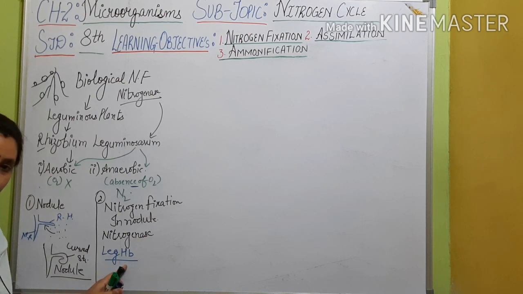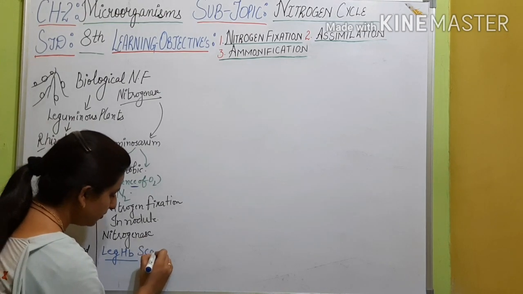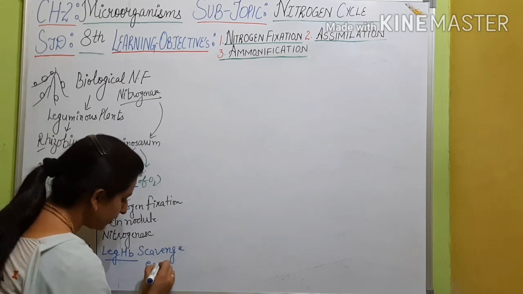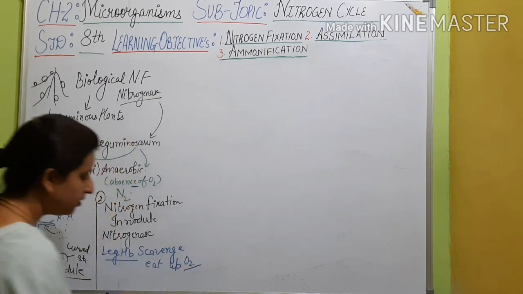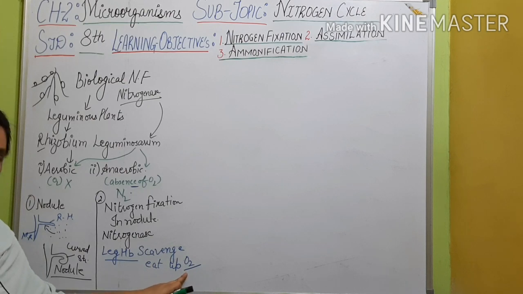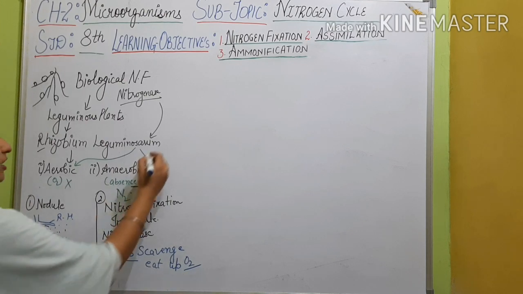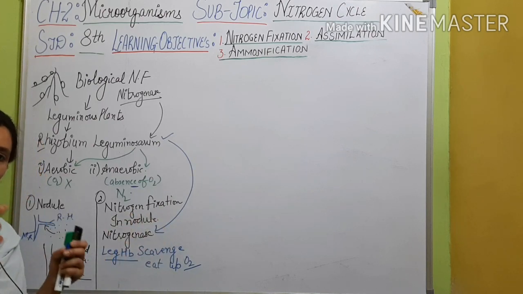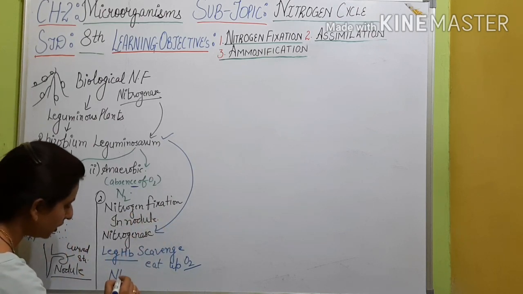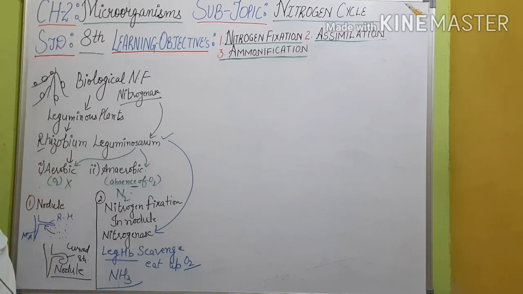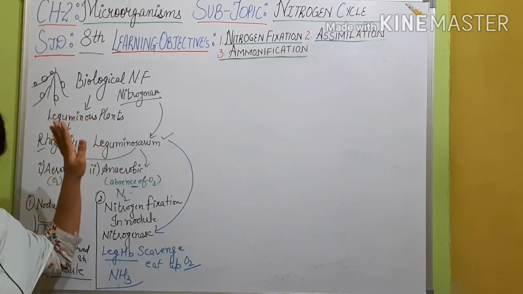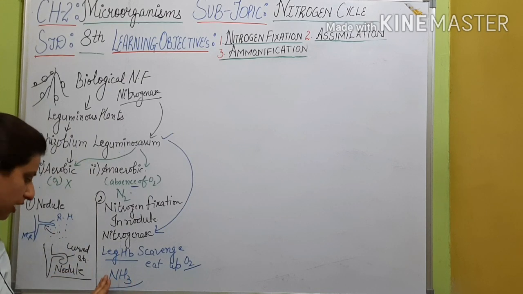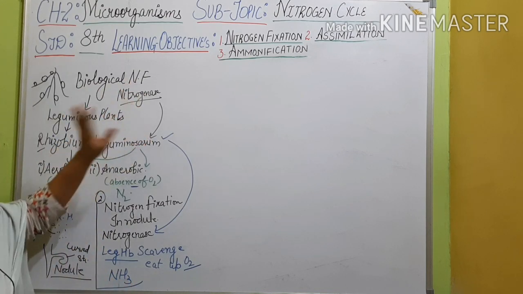This leghemoglobin will squelch, that means it will eat up the oxygen, to create the anaerobic condition. And when the anaerobic condition is formed, the Rhizobium leguminosarum, with the help of the nitrogenase, will fix the atmospheric nitrogen into ammonia. So from the atmosphere, the free nitrogen is now fixed into ammonia under biological nitrogen fixation.